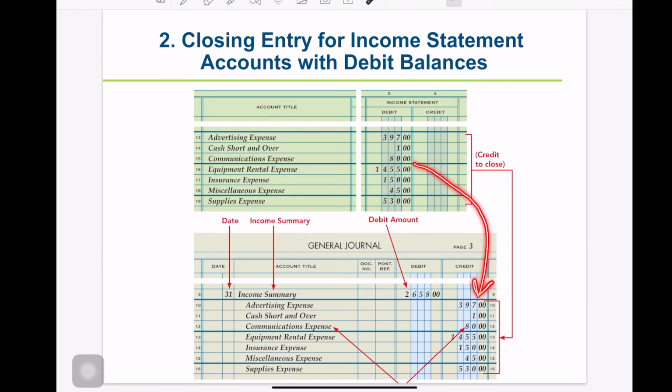You can see that we're going to credit all of our expenses. The total amount gets transferred into our income summary account. So basically, we are cleaning out all of our expense accounts, creating zero balances, because remember, those are temporary accounts, and we're putting all of that money into our income summary. So that's the representation of all of our expenses.